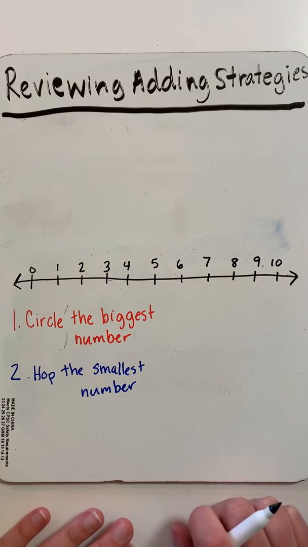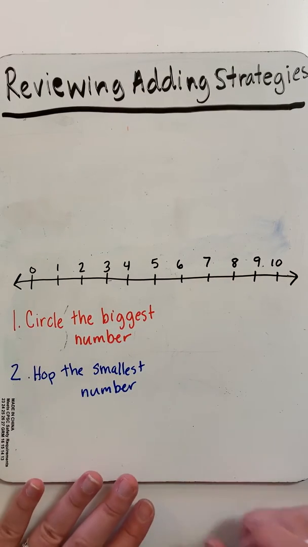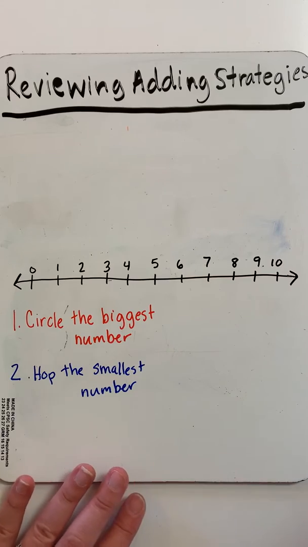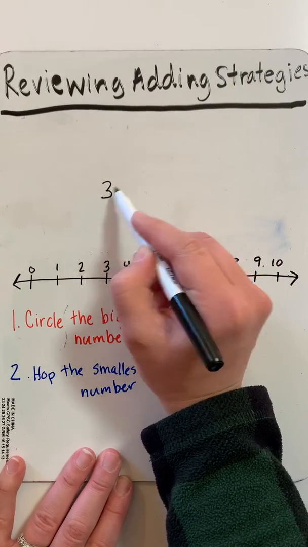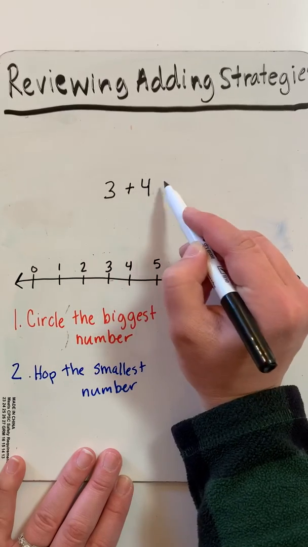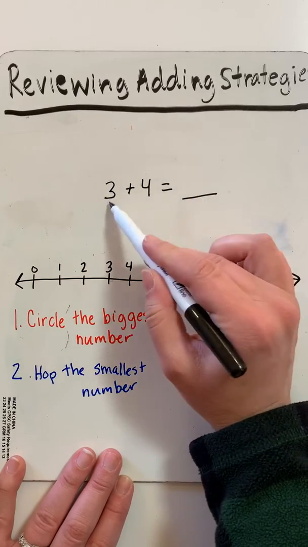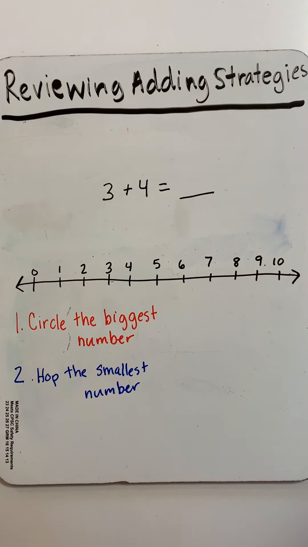So our first practice problem that we will do is 3 plus 4 equals. For this one, I'm going to draw a picture. So I'm going to start by drawing the first number.